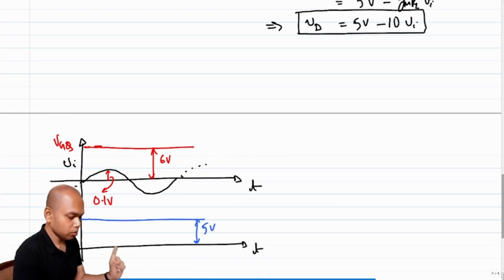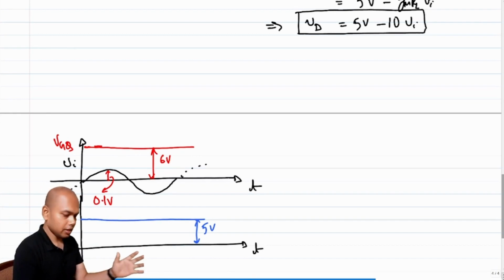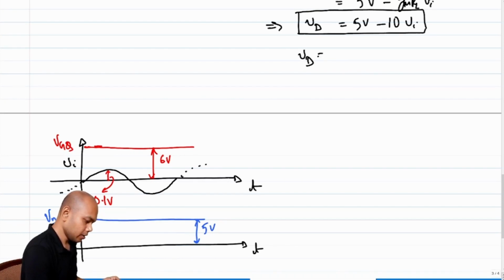So there are two things to notice here. One is the amplitude of the sinusoid. If I write it in terms of sinusoid, Vd is equal to 5 volt minus 10 times Vp sine omega naught t.